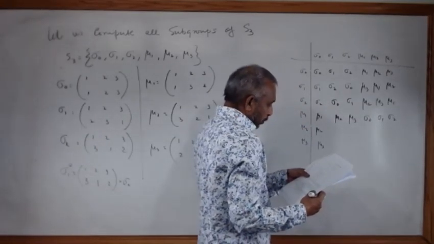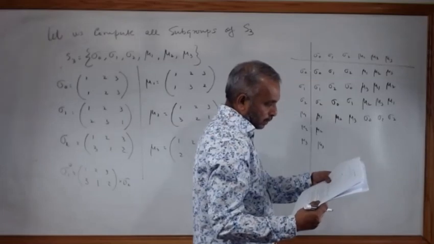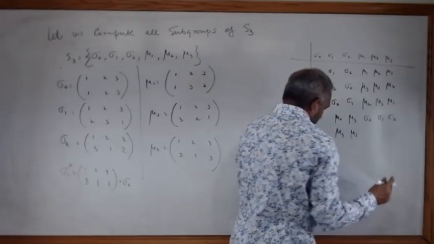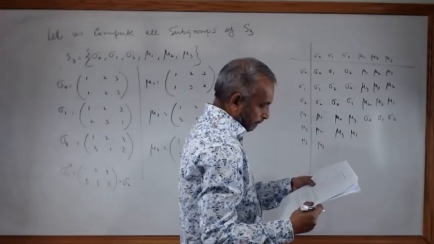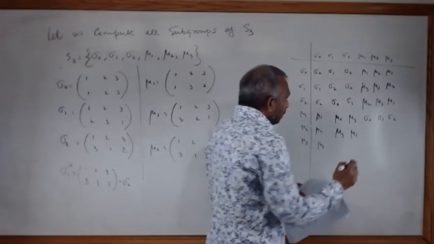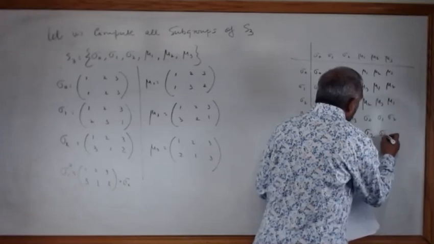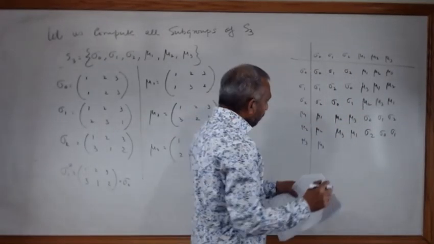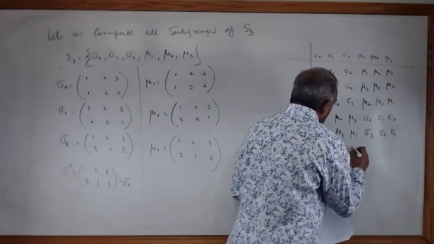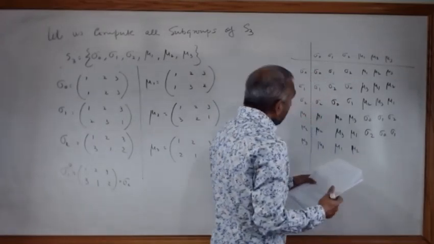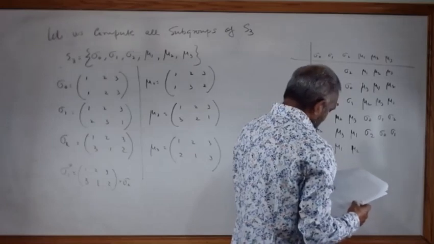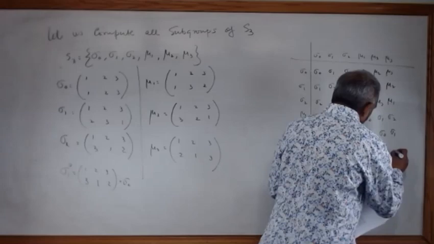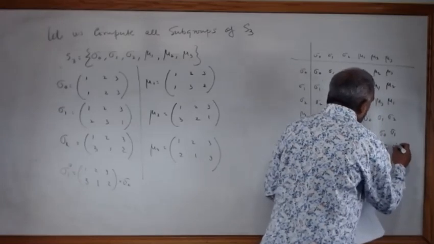Then 3, 1, and the last one is mu 1, mu 2, and this is going to be sigma 1, sigma 2, and sigma 0.